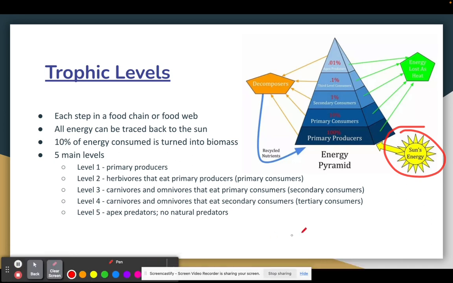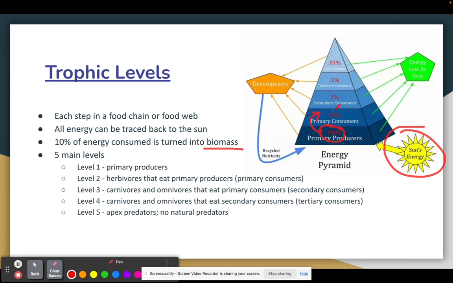The one thing that I do want you to note, though, if you look at the percentages over here, I know it's kind of hard because it's in red, is that the primary producers have 100% of the energy that they are able to make because they do it directly from the sun. Every time I go up a level, only 10% of that energy can be converted into biomass, which is actual energy that's in a living thing that can be transferred from one organism to the next.